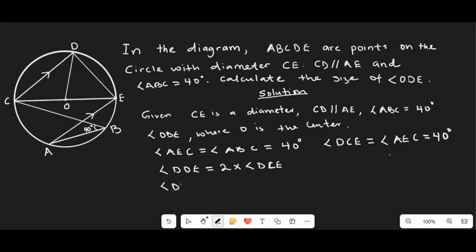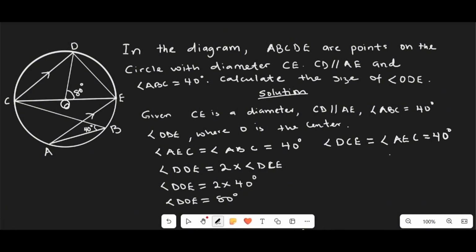Angle DOE equal to 2 multiplied by 40 degrees. Angle DOE equal to 80 degrees. So this angle is 80 degrees.